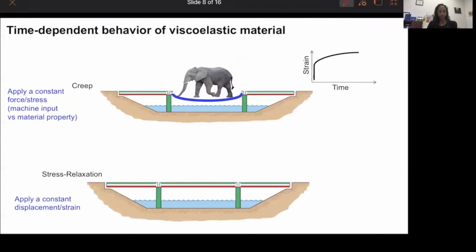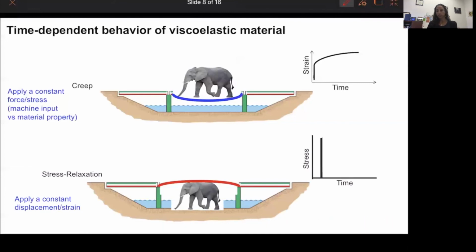This is our creep deformation, load dependent. For stress relaxation, this is something where we're applying a load or a strain and we're holding that strain. So for this example, our elephant would actually have to be underneath the bridge, pushing the bridge up a certain deformation or a certain displacement and holding that, staying constant under the bridge.